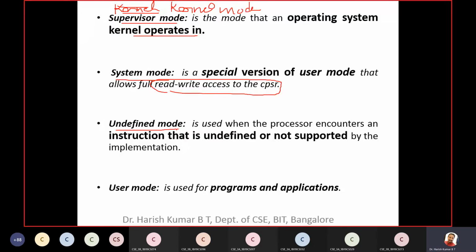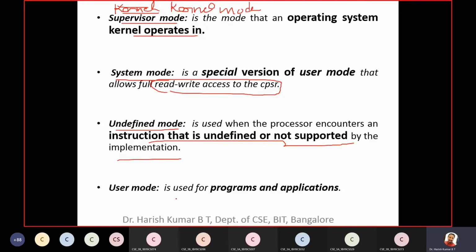Is it possible for it to execute it? No. Then what happens? It enters into an undefined mode, used when the processor encounters an instruction that is undefined or not supported by the implementation. Instead of writing add, if I write something else, it enters into the undefined state or undefined mode.